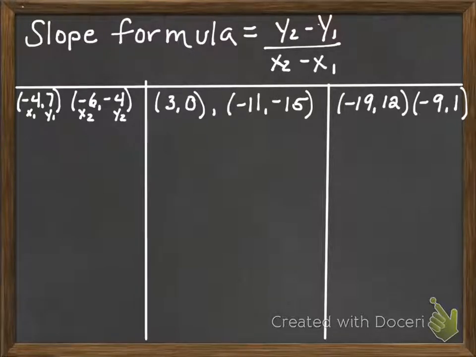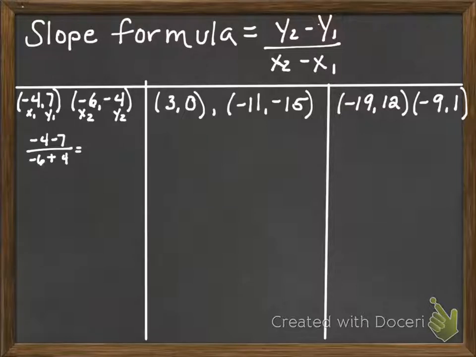equation. So it's going to look like negative 4 minus 7 all over negative 6 minus a negative 4. And we know that two negatives are going to make a positive. So instead of writing minus negative 4, I'm just going to put plus 4 in there.